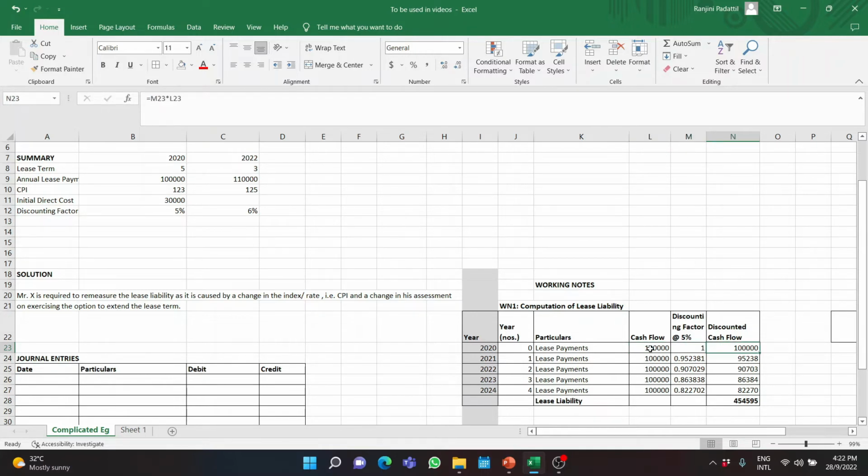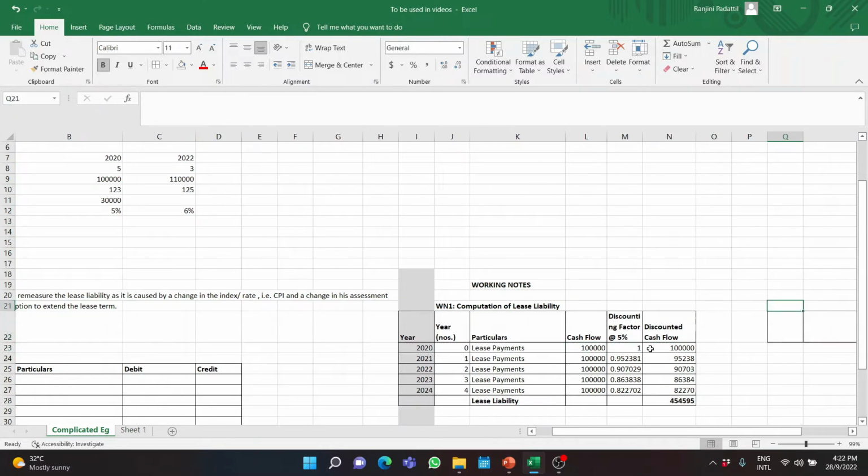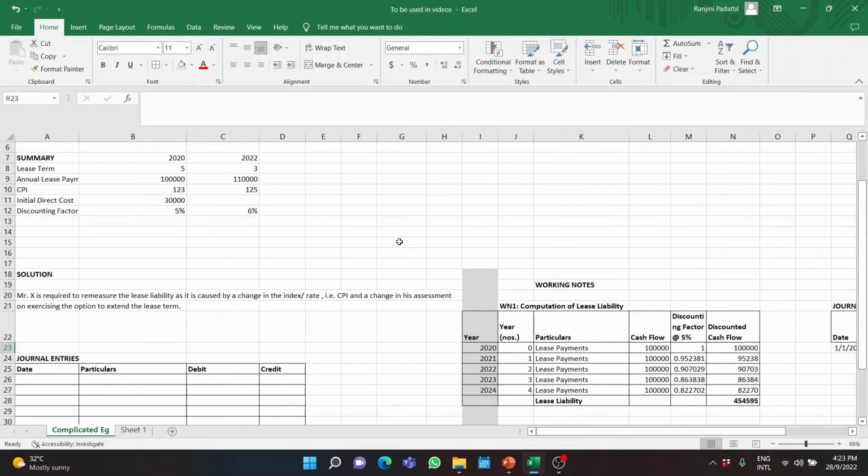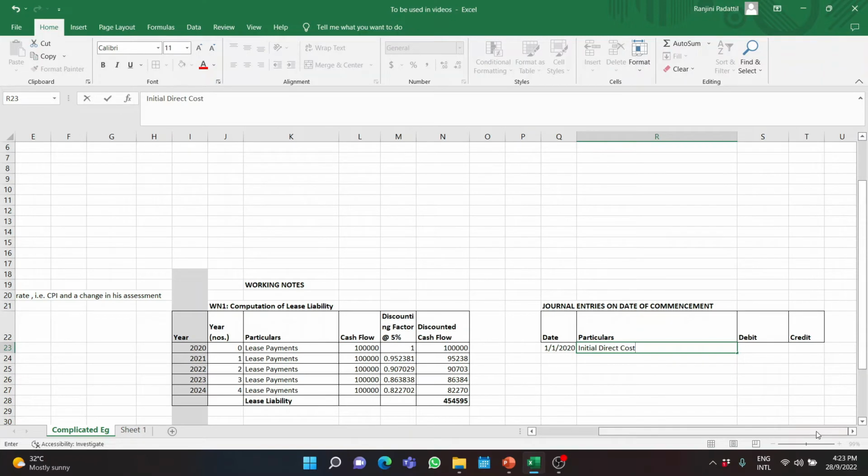Now, for your understanding, I will pass the journal entries here. The first entry that needs to be passed, if you remember, is the initial direct cost of 30,000. This initial direct cost gets transferred to the ROU assets account.